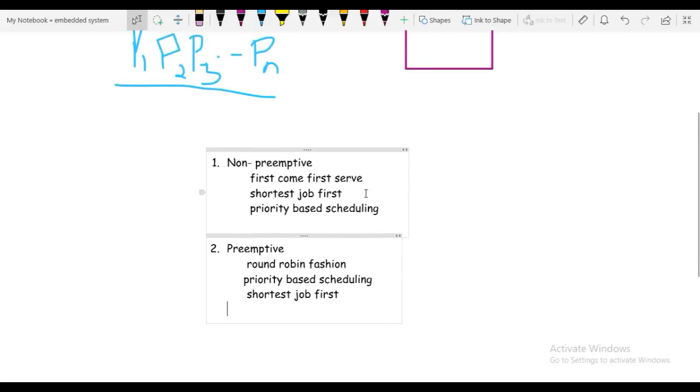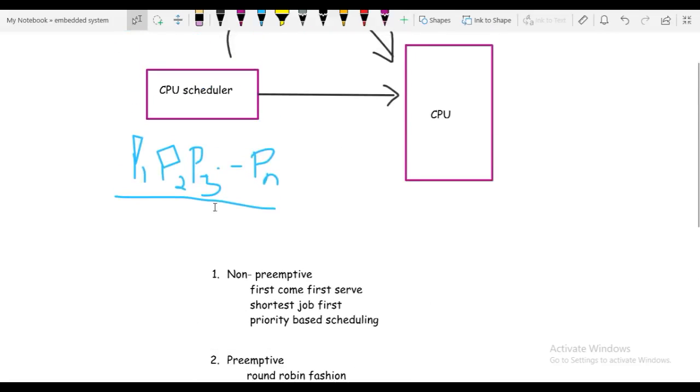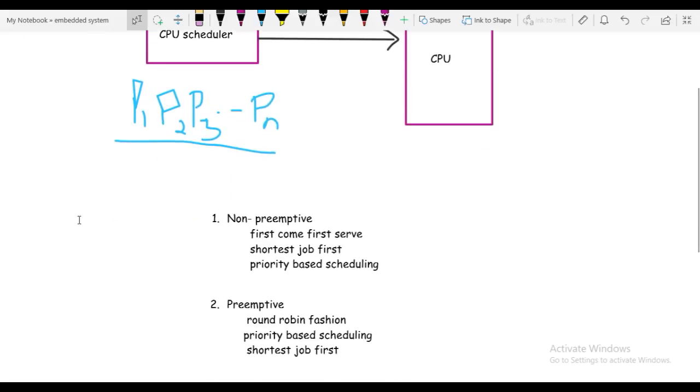Well, we'll discuss this one by one, but today we'll discuss priority based scheduling, both the non-preemptive version and preemptive version. But before that, let's understand what the non-preemptive version has to say and what the preemptive version has to say.